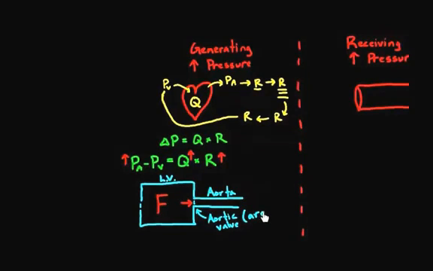And so if you remember, anytime you have a force over an area, I'll write that over here. Anytime you have a force over an area, you have a pressure. And in this case, that is the arterial pressure. So when I talk about arterial pressure, I'm actually talking about the force that the left ventricle generates on that aortic valve, that area of the aortic valve. So now think about it.